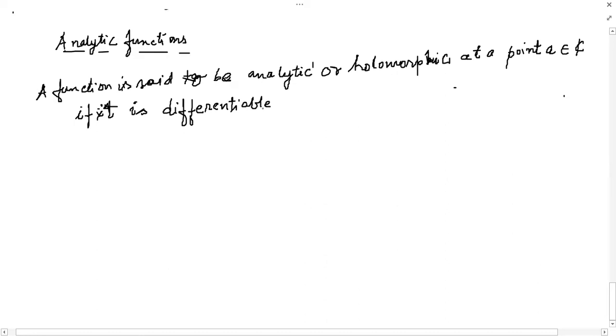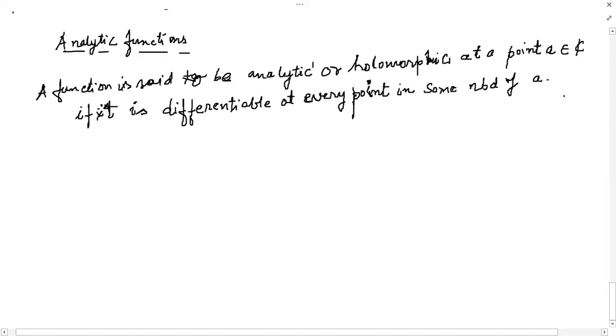Now, when we were talking differentiability, it was a local concept. That is, we were talking about differentiability at a point. Now, when we say that a function is analytic, then it must be differentiable at that point and at some neighborhood of a also. So if it is differentiable at every point in some neighborhood of a, this is something that you should remember.